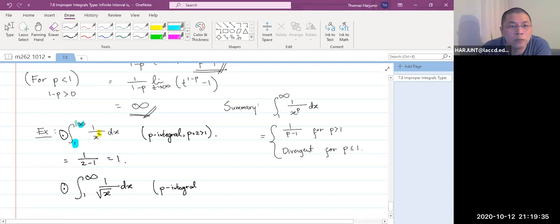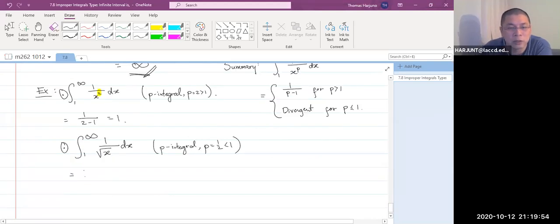Okay, that's what we call a p integral. Now here, the p is 1/2, which is less than 1. So this is divergent. In fact, we can say this goes to infinity. Not only divergent, it's divergent to infinity.